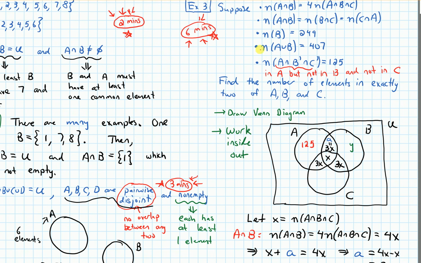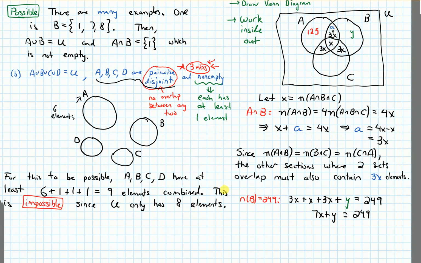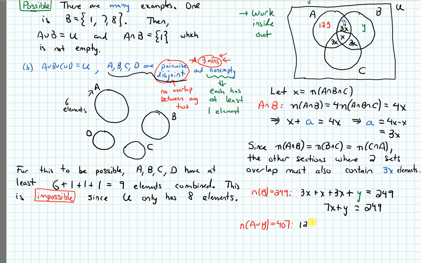And now let's focus on this fourth condition. The number of elements in the union of A and B should be 407. So I'm going to write that down. Let me zoom it out a little bit more. If I add up all the parts of the union, I see 125, I see a 3x, in fact, three 3x's, plus a 3x, plus a 3x, I see an x, and then I see that plus y.